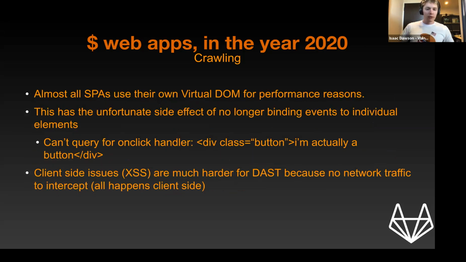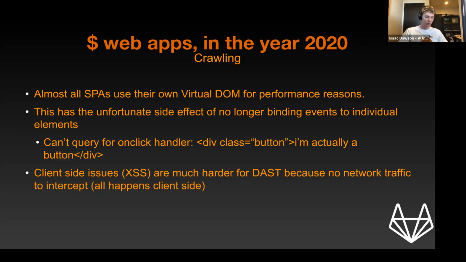So as I mentioned, these single page frameworks use a virtual DOM. This is for performance reasons. So they're writing out their own virtual version of the DOM, and then they're rendering it to the final page. As I mentioned, this has the side effect of no longer binding these events. For example, there might be a div element that is actually a button, but it doesn't have anything bound to it, because when you click on it, the document event handler picks that up and then bubbles it up to whatever framework handling code it has.